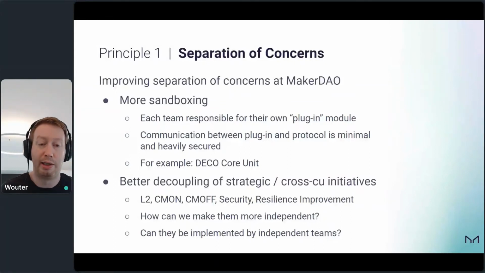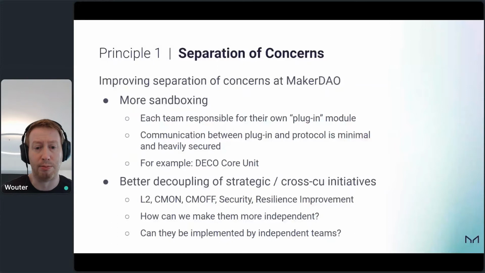So each team can be responsible for their own plugin module, and then communication between the plugin module and the protocol can be minimal, while the communication within the team building the module can be very intensive. Best example of that is the Deco core unit, which is implementing a completely separate piece of functionality that communicates through a gate contract with the protocol, reducing the information bandwidth in that connection.